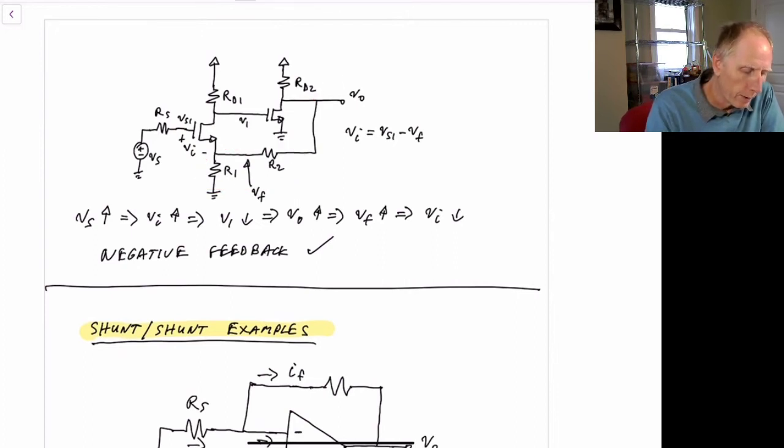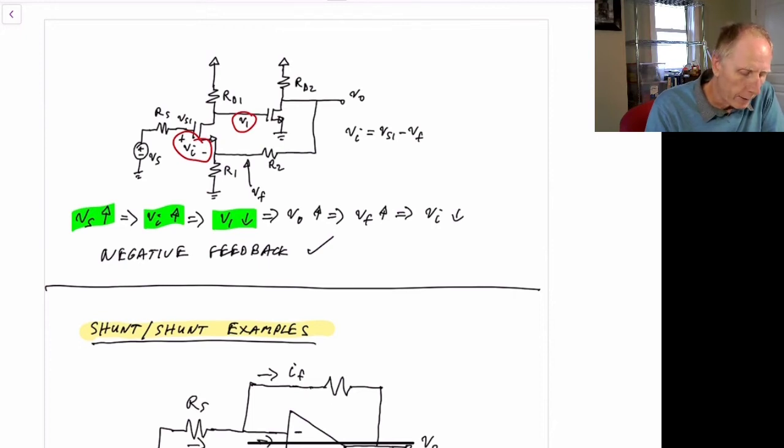If we look for the stability situation here, to see whether it's negative feedback, we say that V sub s1 increasing causes V sub I to increase, as before. In this case, if V sub I increases, V sub 1 will decrease, because it's inverting from V sub I to V1.